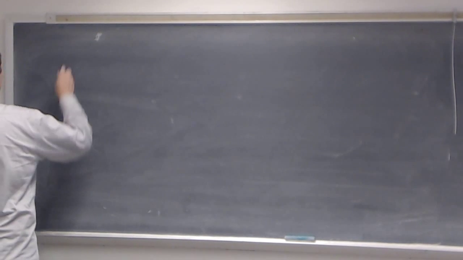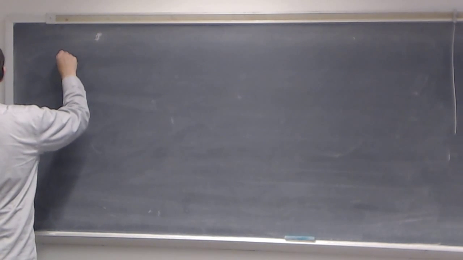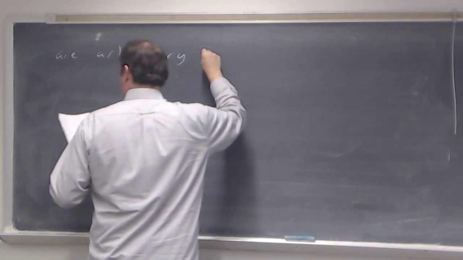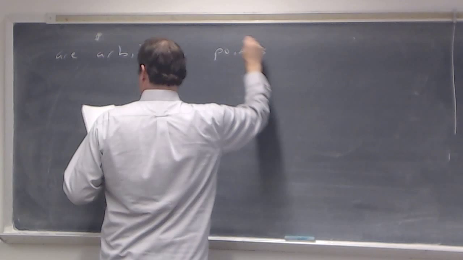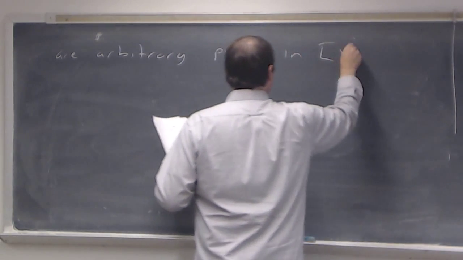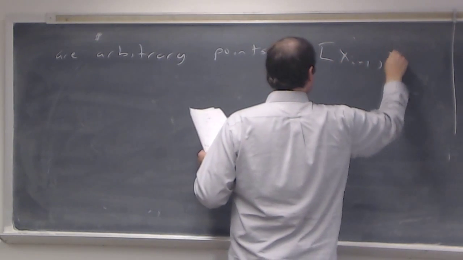So t sub i are arbitrary points in x sub i minus 1 up to x sub i.